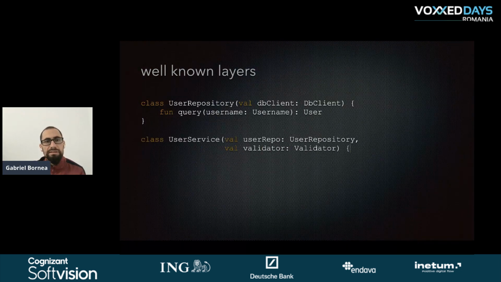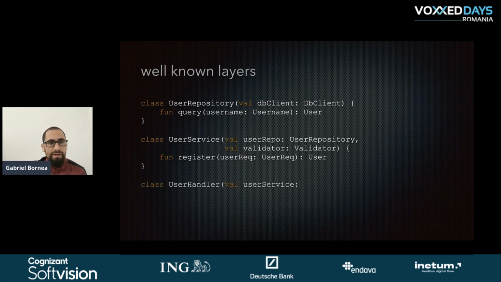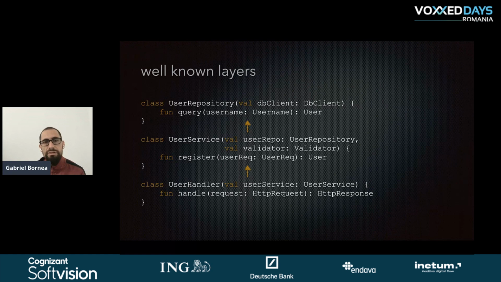We usually have services, and these services usually tend to do the business validation, insertion in the database, and so on. So it's our domain. And we have a user handler or maybe a user controller, and this is usually the part where you interact with the client. And these depend on one another in a structured, layered way.